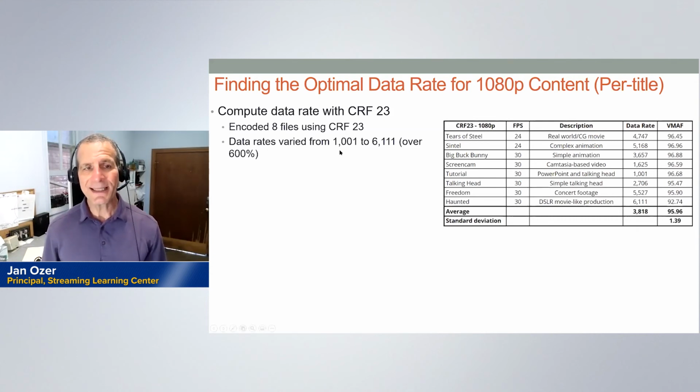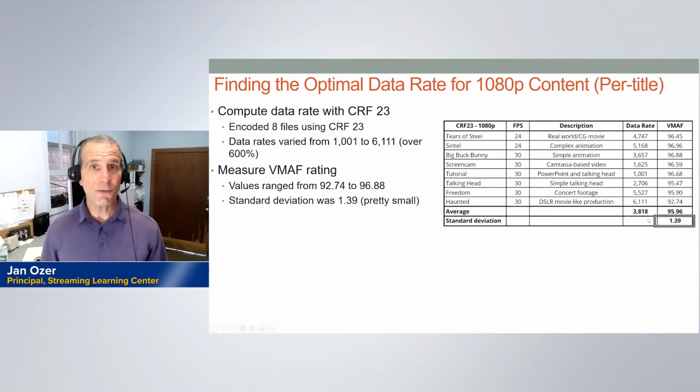But what we're seeing is that the data rate varied by over 600%. The VMAF ratings range from 92.74 to 96.88, which is a standard deviation of 1.39, which is pretty minimal considering that the VMAF score is from 0 to 100.